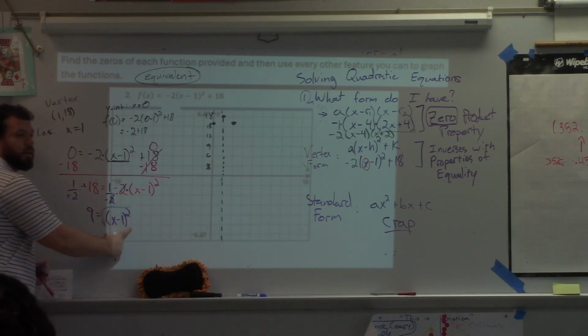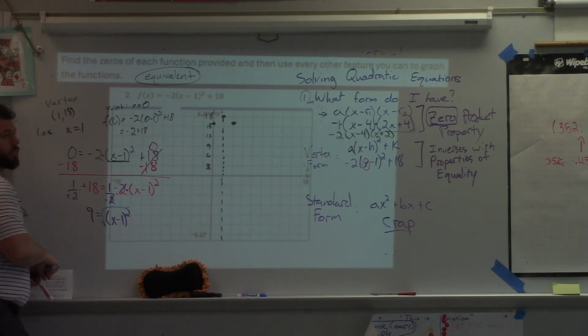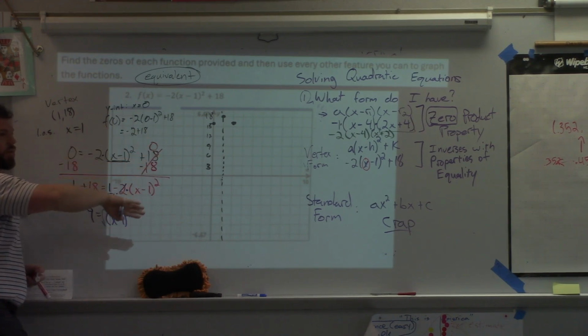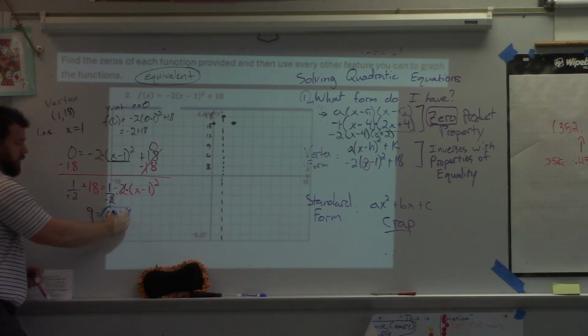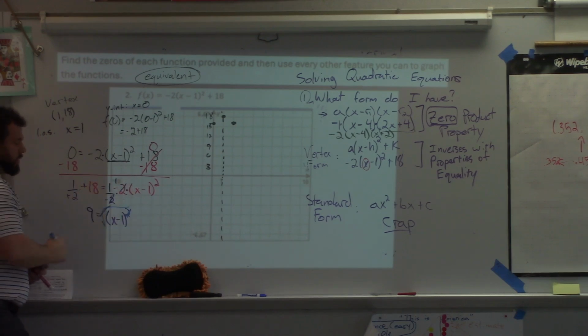Now, I need you to remember, a square root and the square are called inverses. They undo each other. Technically, what that square root is doing is making an exponent of 1. Notice how we've always made zeros and ones so far?